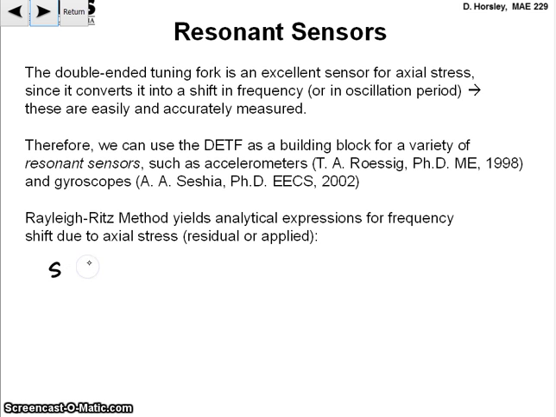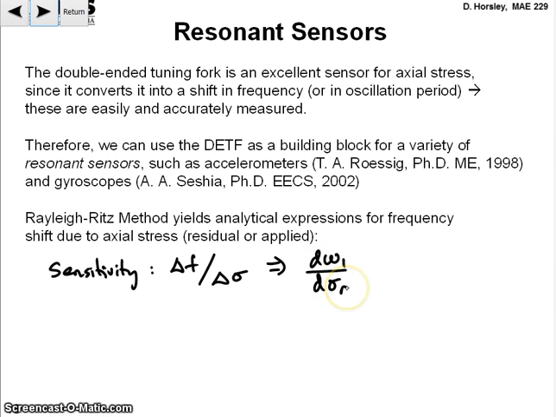Sensitivity, we're talking about basically the delta in frequency over the change in stress. So the way we're going to calculate that is d omega 1 d sigma r, okay?